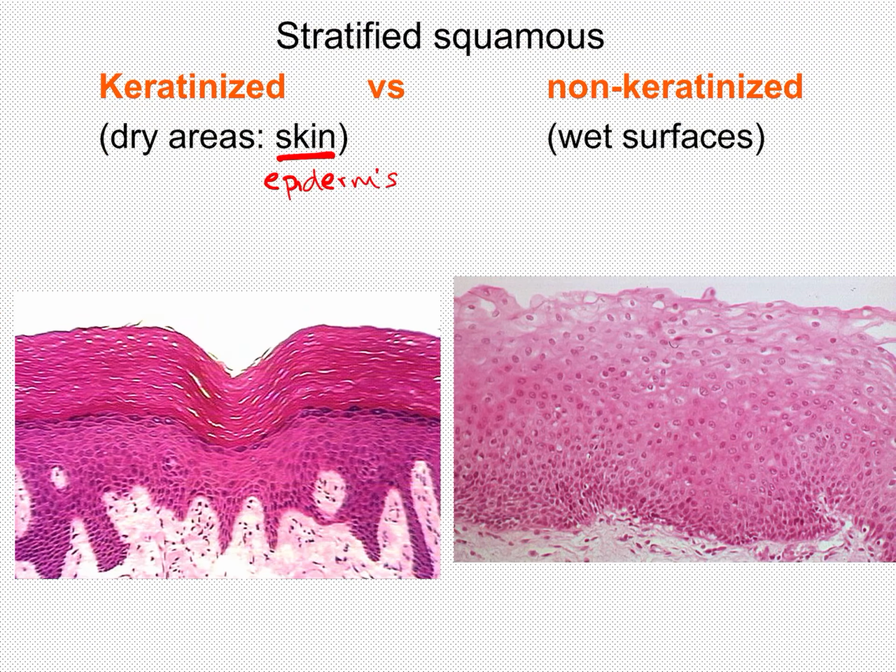And so this is the only place you're going to find keratinized stratified squamous epithelium. Take a look at the picture underneath the word keratinized. Can you see the difference between the epidermis and the dermis? Or another way of phrasing that is, can you see the difference between the epithelial layer and the connective tissue? So hopefully it's very apparent.